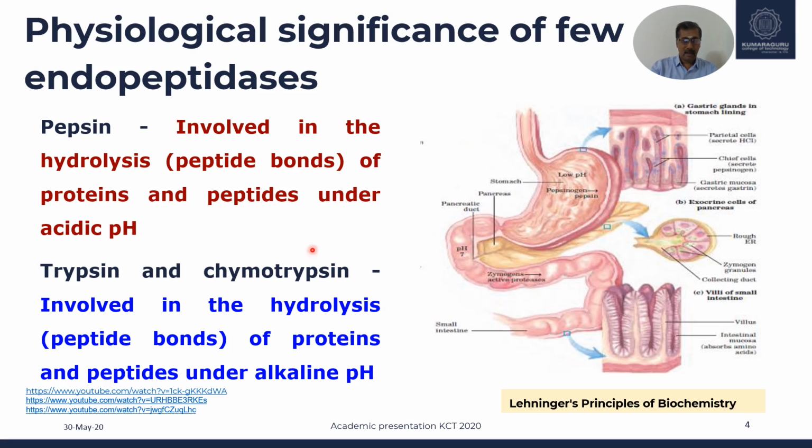Similarly, another two important enzymes are your trypsin and chymotrypsin. These two enzymes are secreted by the exocrine part of your pancreas. These two are pancreatic enzymes, and they are synthesized in an inactive form termed trypsinogen and chymotrypsinogen.